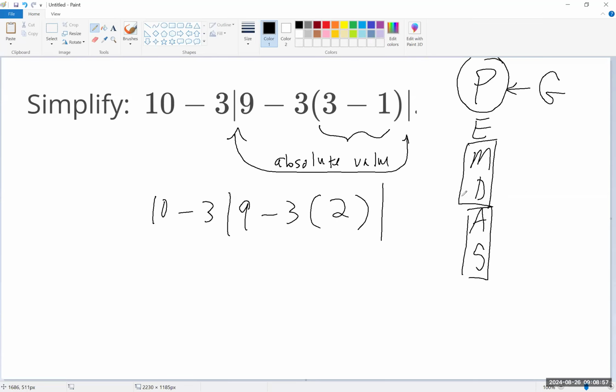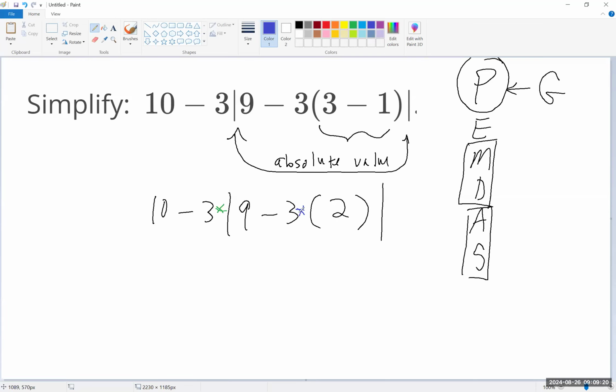And you have to start inside the parentheses first, because there's an implied multiplication. Maybe I'll do it in green right here. There's an implied multiplication there, and there's also an implied multiplication here because of the parentheses.